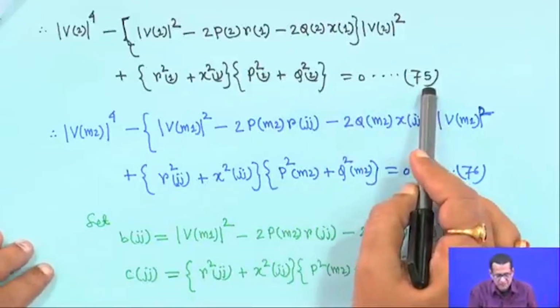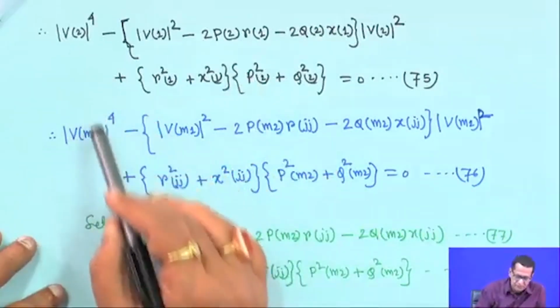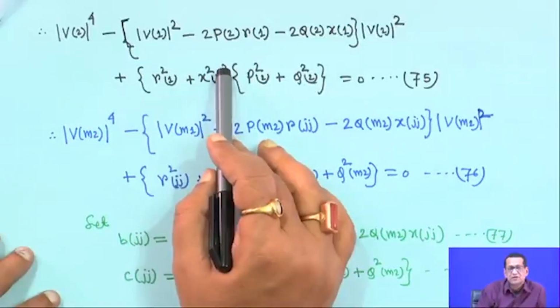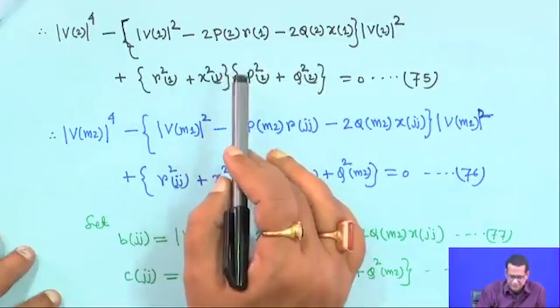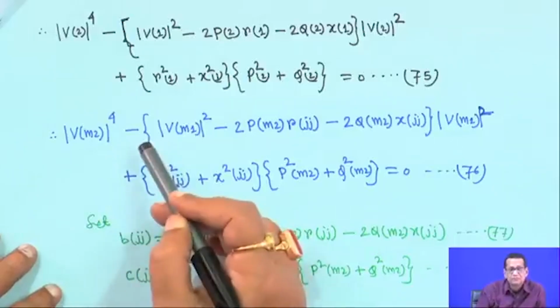This is equation 75. Now, in general this equation can be generalized. Instead of 2 we will put M2, because this equation has come from the electrical equivalent of branch 1 of the distribution network. M1 is 1 and M2 is 2 for branch 1.